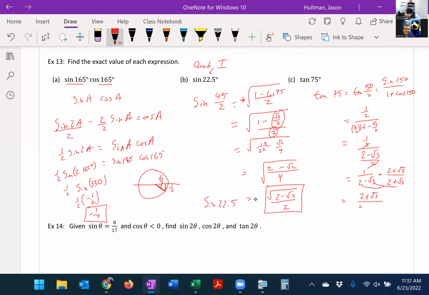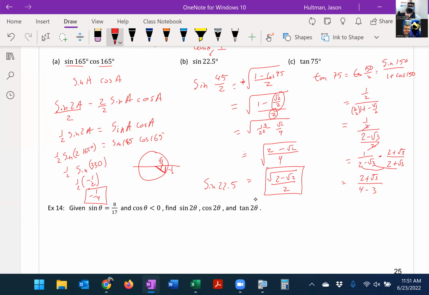So the bottom ends up being 2 squared minus radical 3 squared, which is just 4 minus 3, which is 1. So the whole bottom becomes 1, and 2 plus radical 3 over 1 is just 2 plus radical 3.